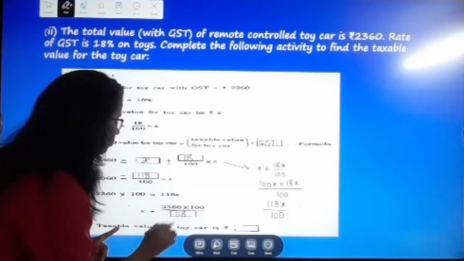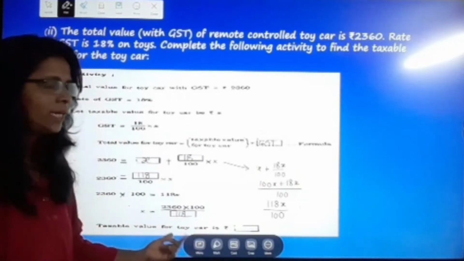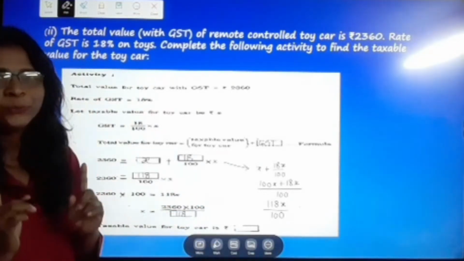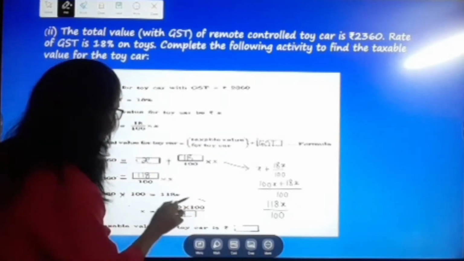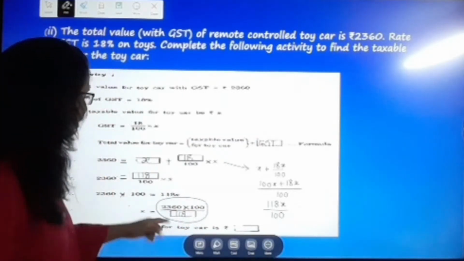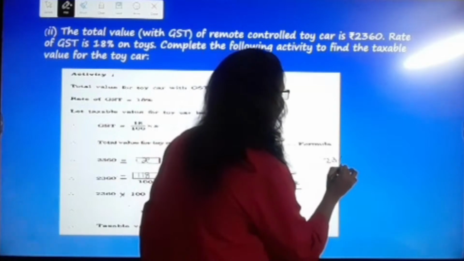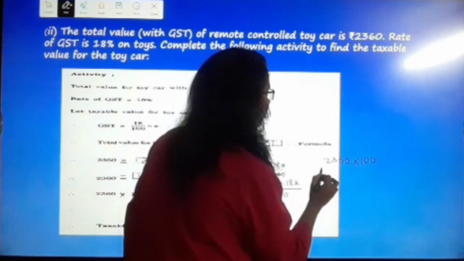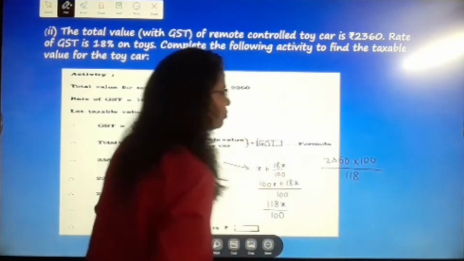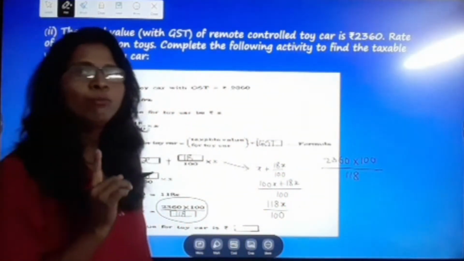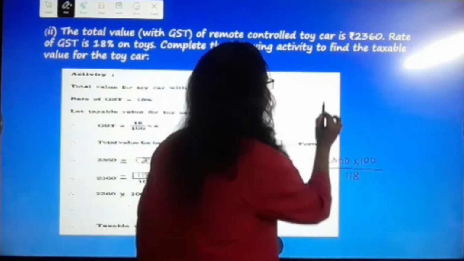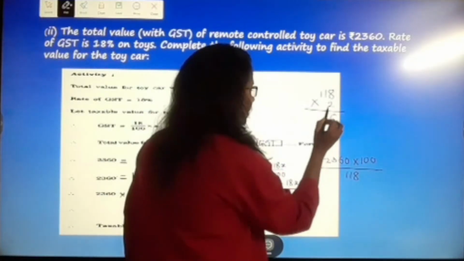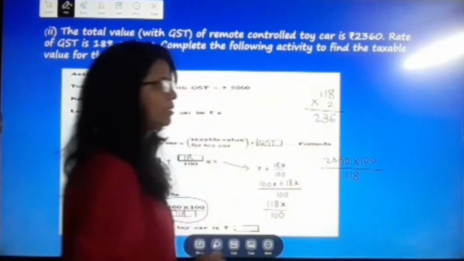Okay students, in the box you write 118, and then the taxable value for toy car is rupees. So we have to solve this equation. Okay students, so 2360 multiply 100 divided by 118. Okay students, if you observe carefully, 118 2s are 236.